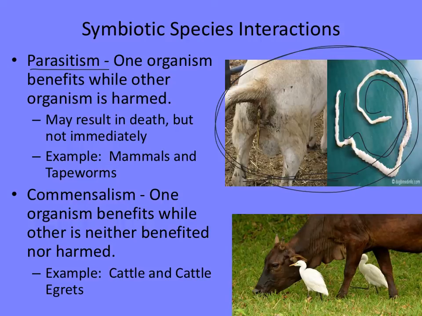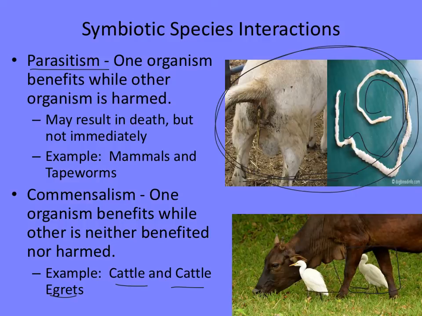Commensalism is another intimate one, but one where only one of the creatures really gets a benefit. A good example is cattle and cattle egrets. The cattle don't really get a big benefit from this. The cows walk through the fields and they're just eating grass. They don't want to eat the egret. But the egrets walk around, as you can see, right next to the cattle.